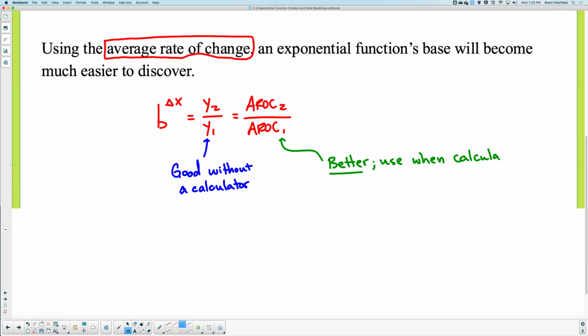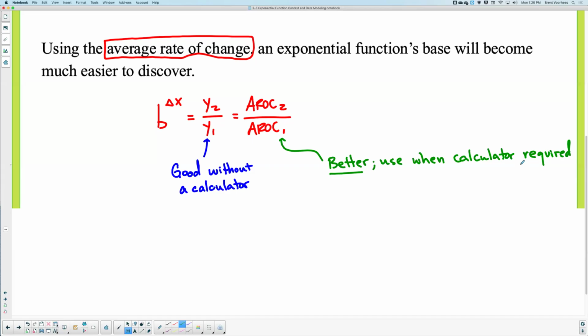Or I should say calculator is required. That's what they'll say in the AP exam. So those are our two formulas we're going to use today. y2 over y1 works whenever you're not allowed to use a calculator. But if you're allowed to use a calculator, we might need to use a-rock. And I'm going to give you the first three examples are ones where y2 over y1 would not work, which means it would be a calculator problem.